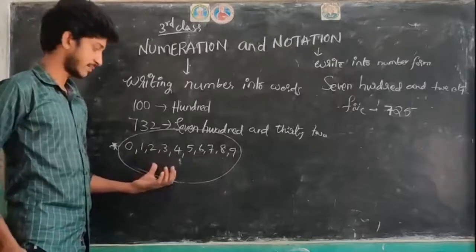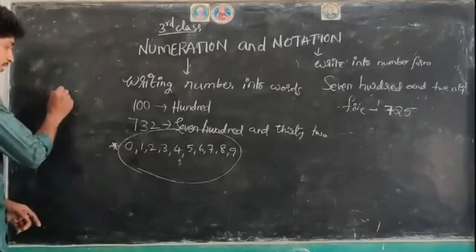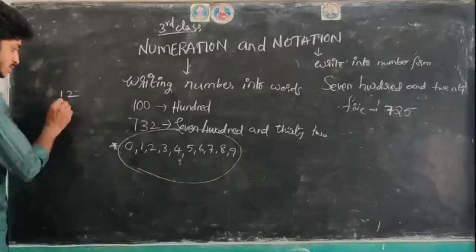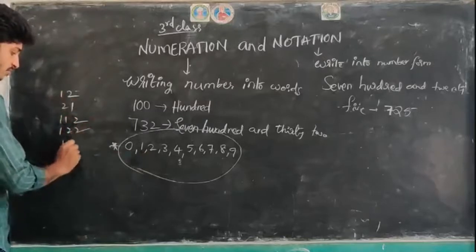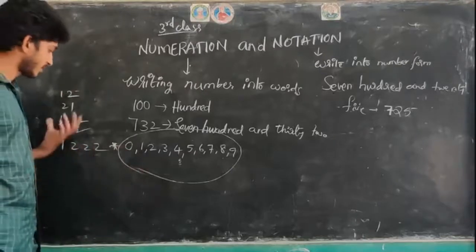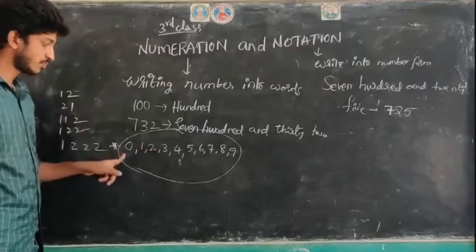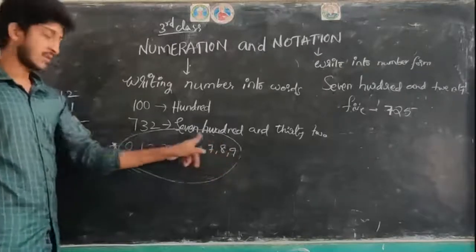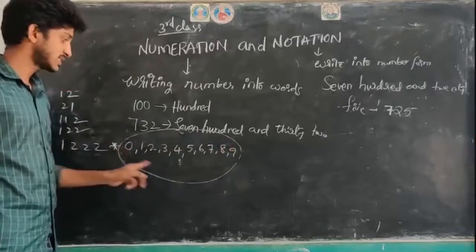By using 1 and 2 I am forming 12, 21, 112, 122, 1222, like that. By using these two numbers I am forming infinite numbers. So all the numbers are written based on these 10 numbers.